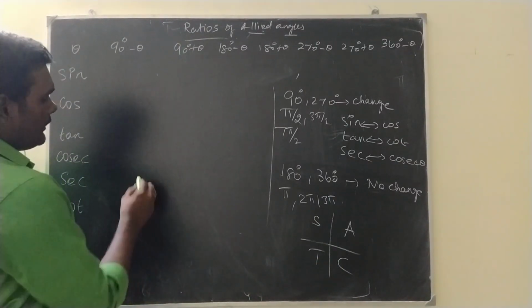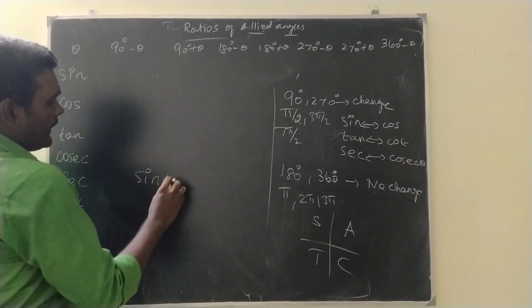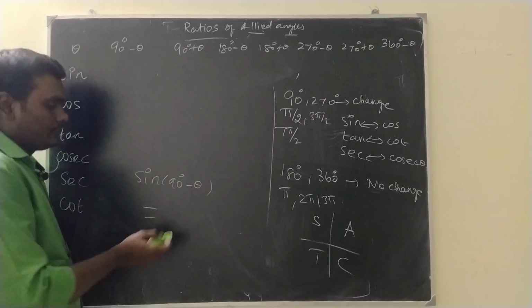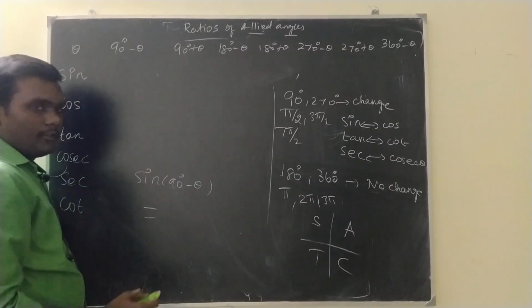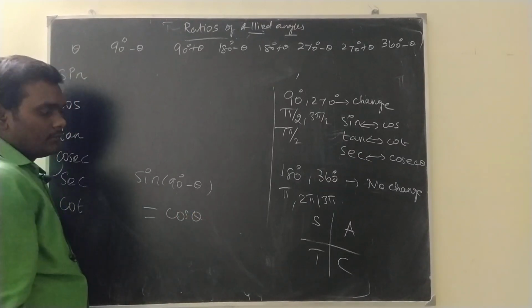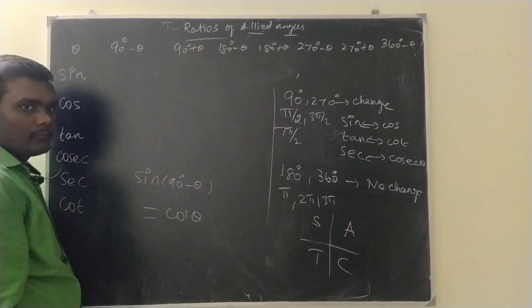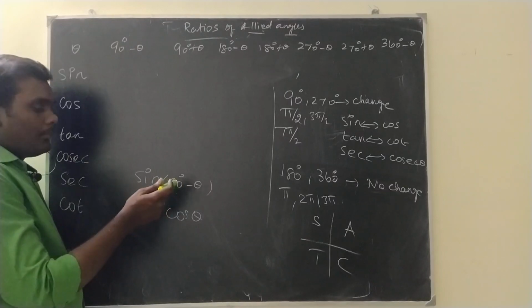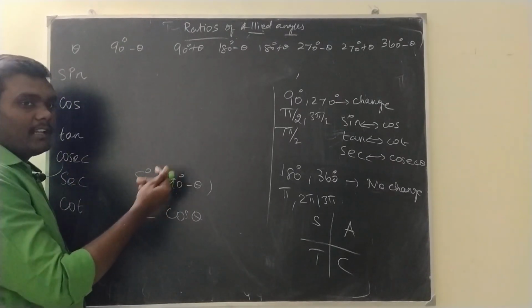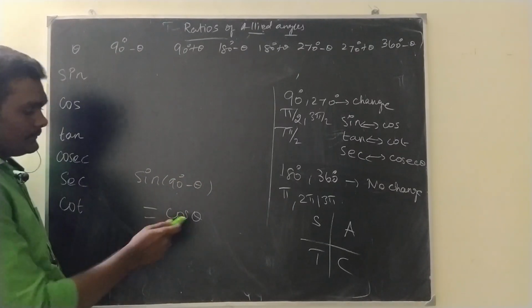Fourth quadrant. Okay. Now see sin 90 degree minus theta. First there is a change or no change? 90 degree it is there, so there is change. Sin will change as cos theta. And then positive sign or negative sign? That you decide by which quadrant 90 degree minus theta lies in.